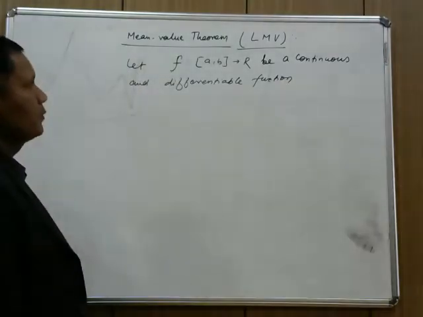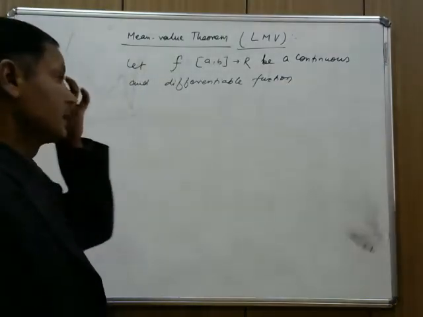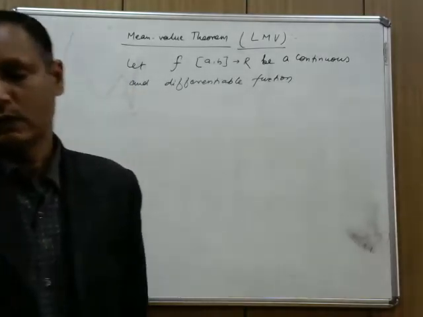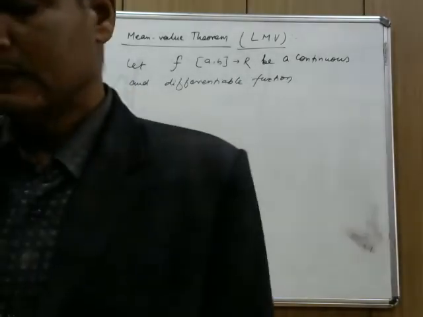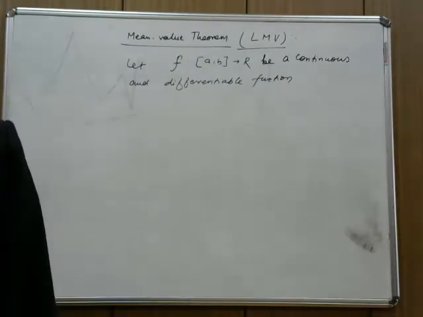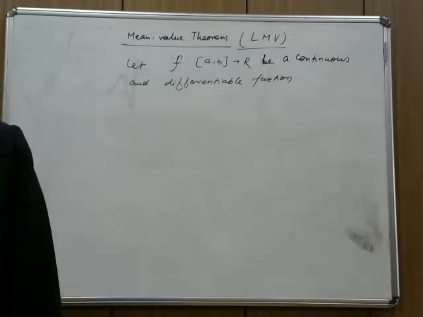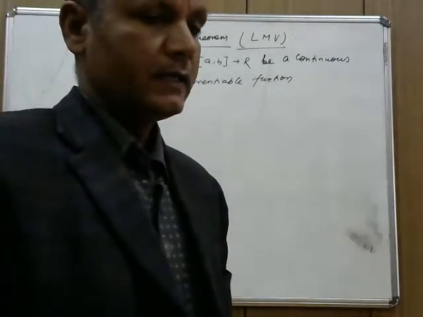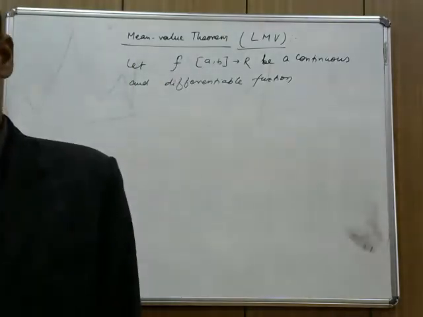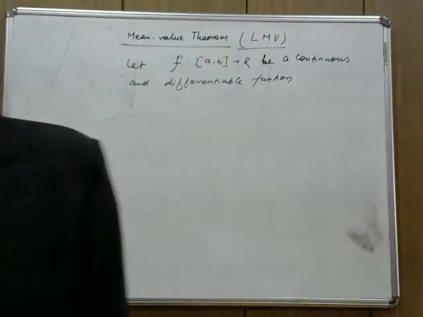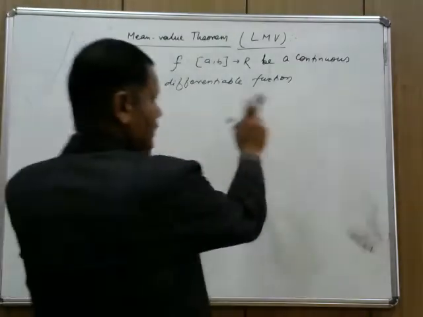F from [a, b] to R is a continuous function in the closed interval a to b, and differentiable in the open interval a and b. These two conditions are common.